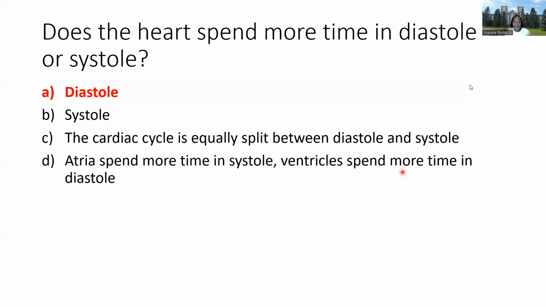So when we say things like isovolumetric ventricular contraction, isovolumetric ventricular relaxation, or ejection, we're really looking at the cycle from the perspective of the ventricles only. We're not necessarily looking at what's happening in the atria. So while we are describing how blood is moving from the atria to the ventricles, when we talk about filling versus ejection, that's always going to be from the perspective of the ventricle.